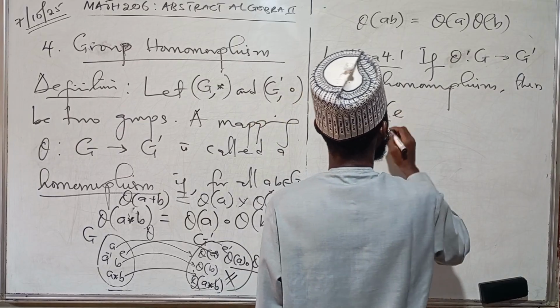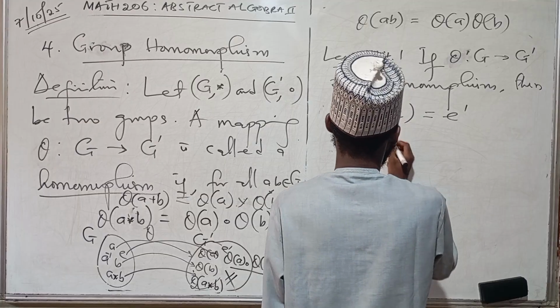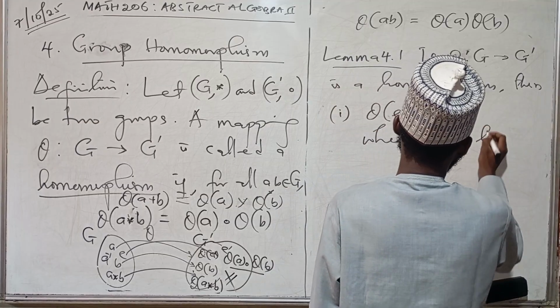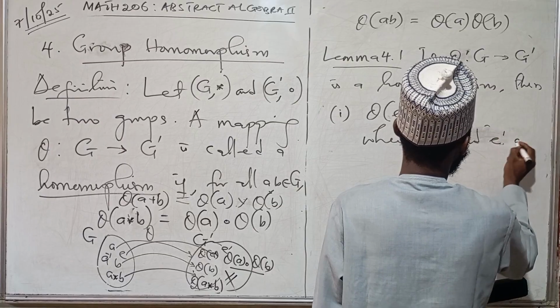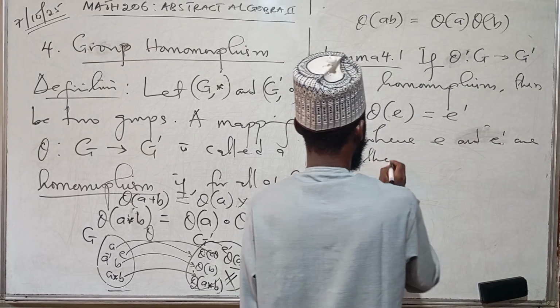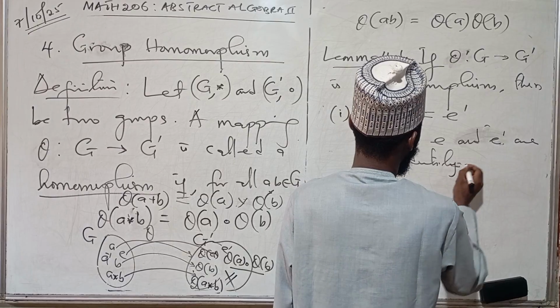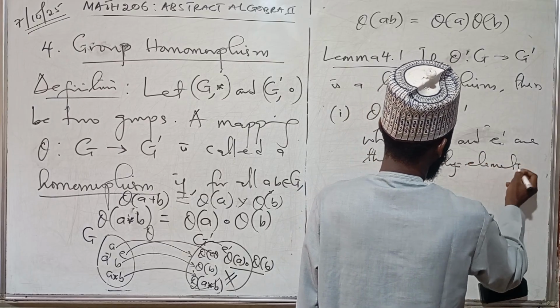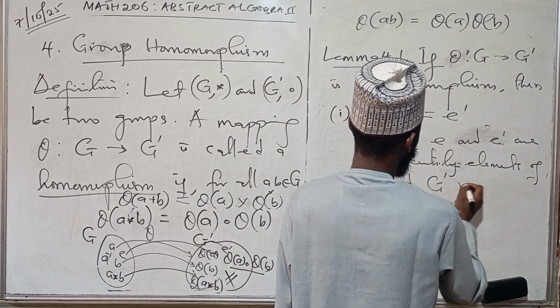theta of E would be equal to E prime, where E and E prime are the identity elements of G and G prime respectively.